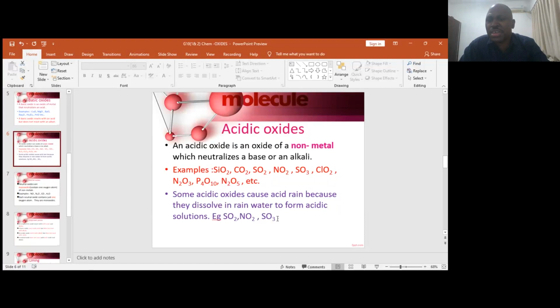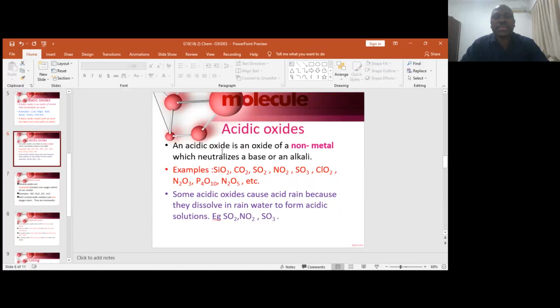And then acid rain has a lot of consequences, like it decreases crop yield, and it corrodes some artwork, especially those made of limestone. So the acid will react with the limestone in the artwork, and the quality of the artwork will begin to depreciate.